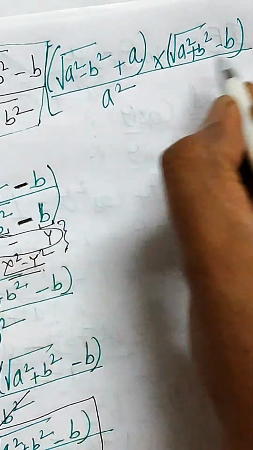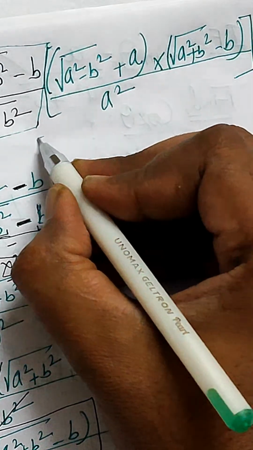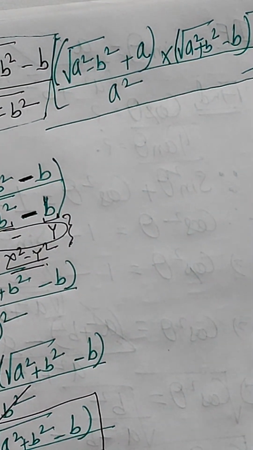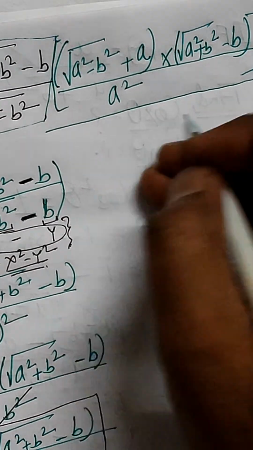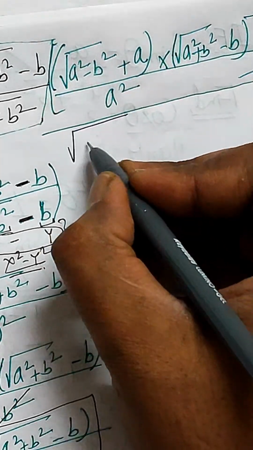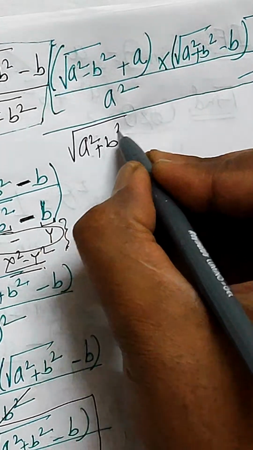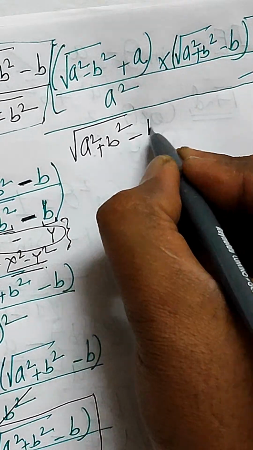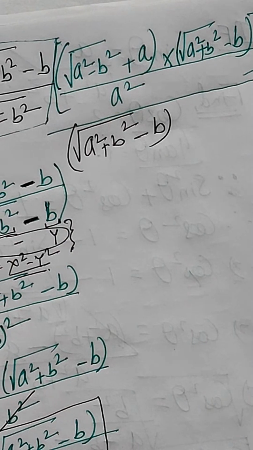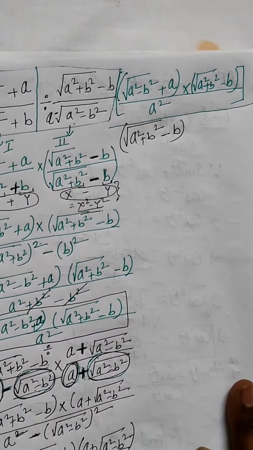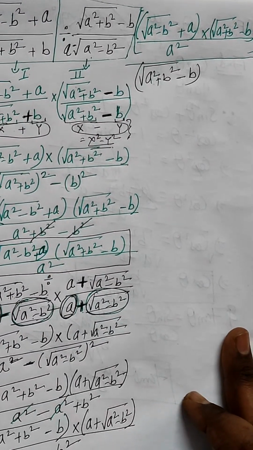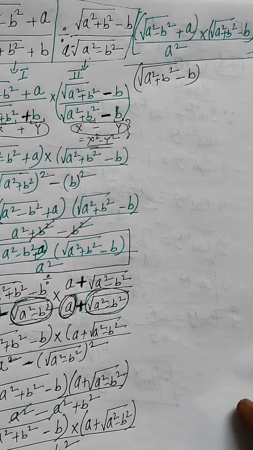This was the first term, and this is divided by the second term. What was the second term? The second term we have arrived at is root over of a square plus b square minus b. Let me squeeze it. I hope this is visible to you now, right?